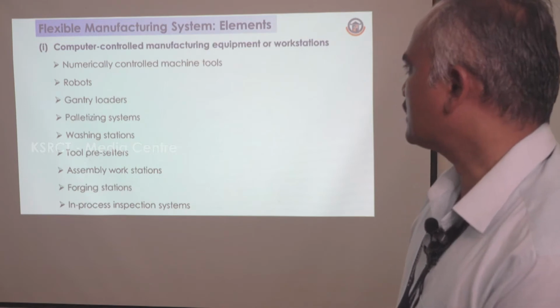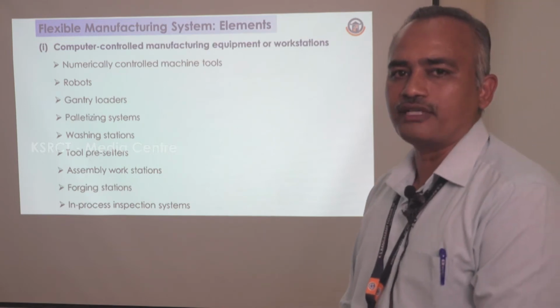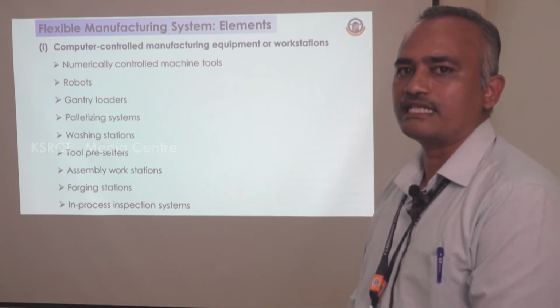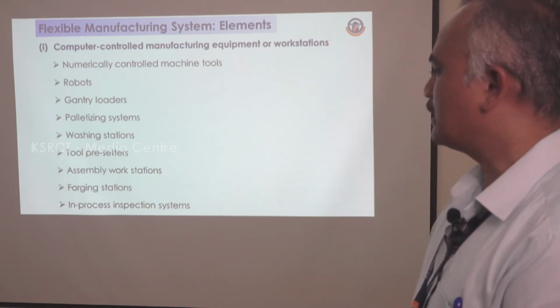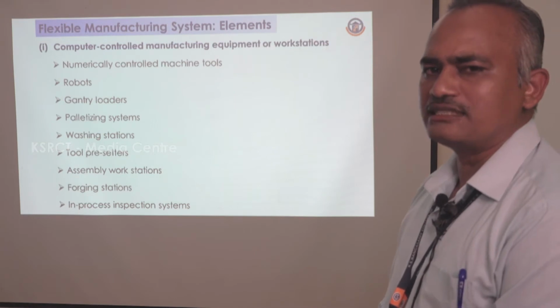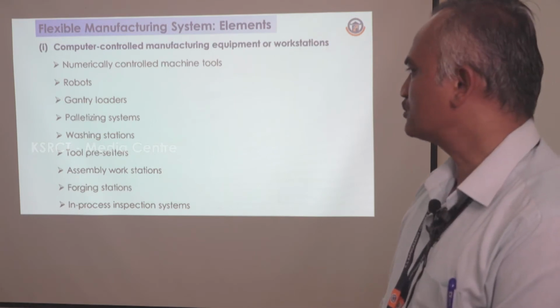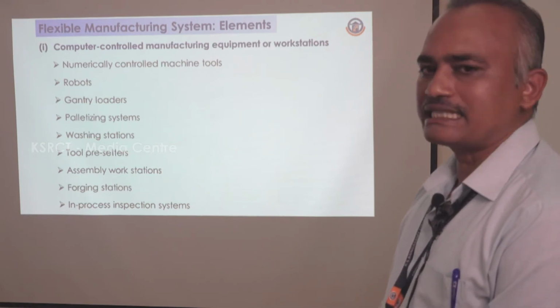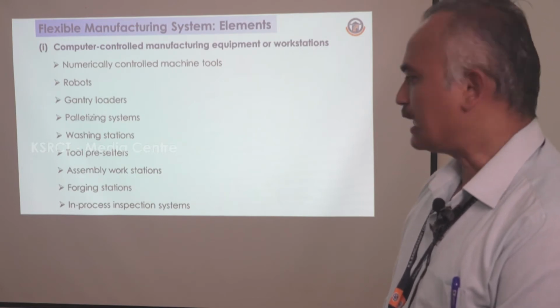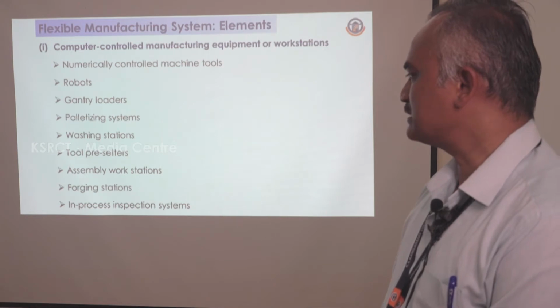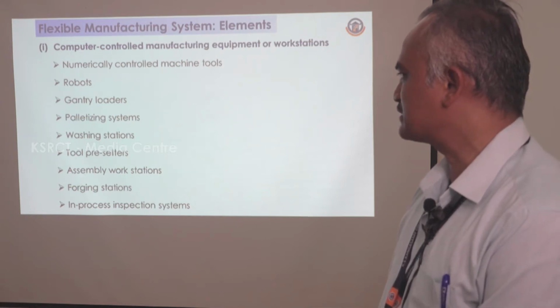And there are different elements of flexible manufacturing systems, where we can find different components like NC machine tools, CNC machines, then robots, gantry loaders, palletizing systems, washing station, tool presetter, assembly workstation, forging station, in-process inspection systems.